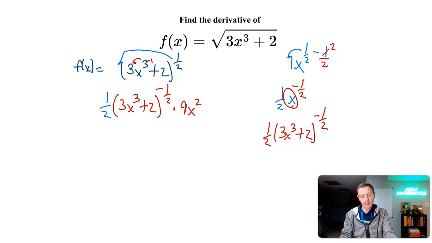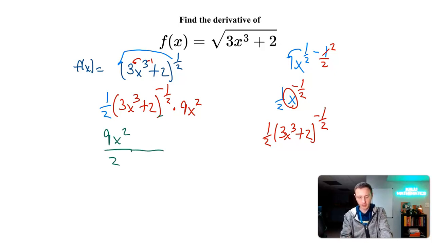First of all, I have this raised to the negative 1/2, so that's going to come down. I also notice that I have 9 times 1/2. Since 9 divided by 2 can't really be divided, we're just going to leave it as 9 over 2. So I'll have 9x squared over 2.